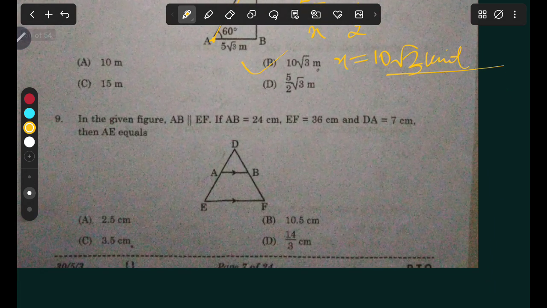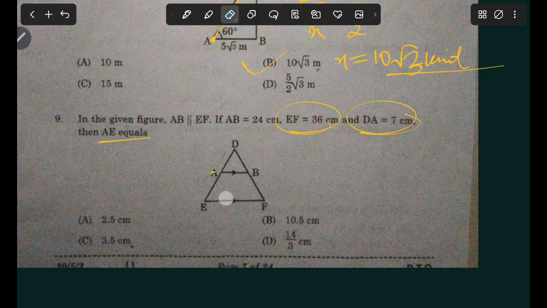In the given figure, AB is parallel to EF. AB is 24 centimeter, EF is 36, DA is 7 centimeter. Then we have to find AE.